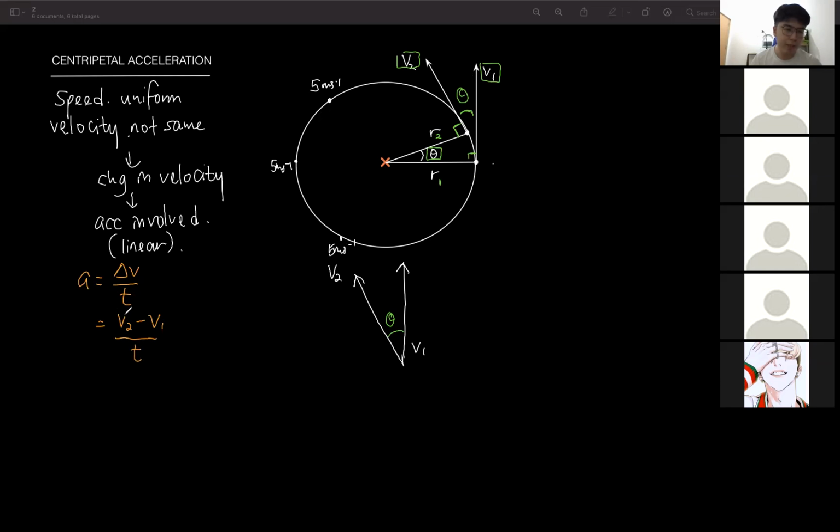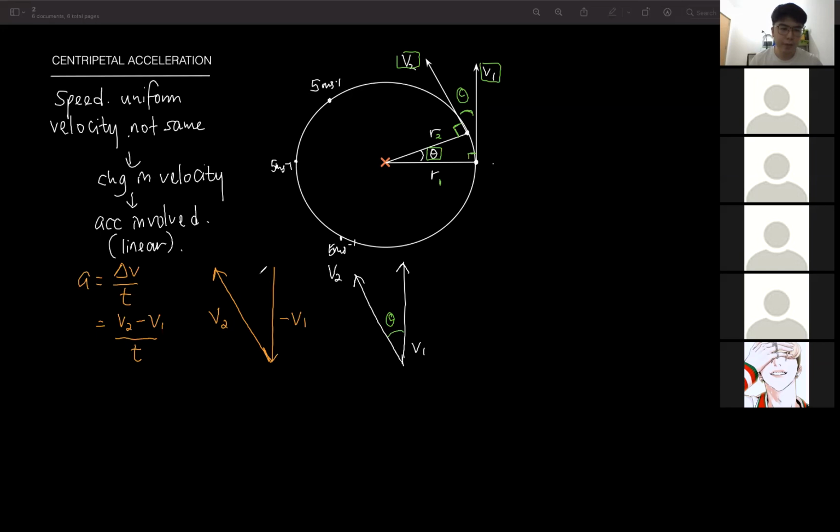So v2 minus v1, how do I find it? Using vectors, right? Your v1 is pointing up. What is minus v1? Minus v1 is pointing down like this. Okay, v1 and minus v1. And then v2 is the same, I don't change the direction. I just do it like this, v2.